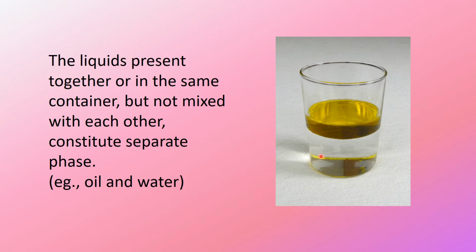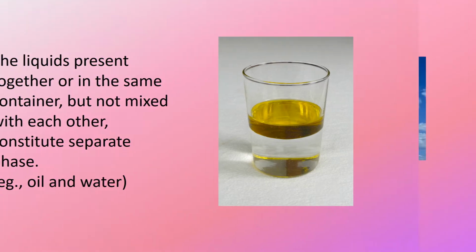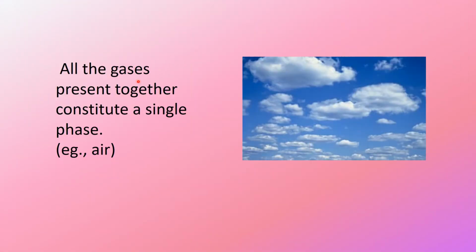If you put oil in water, we see 2 layers formed. Oil will not dissolve in water. So we can see 2 phases, one of water and the other of oil. All the gases present together constitute a single phase. Example, air.